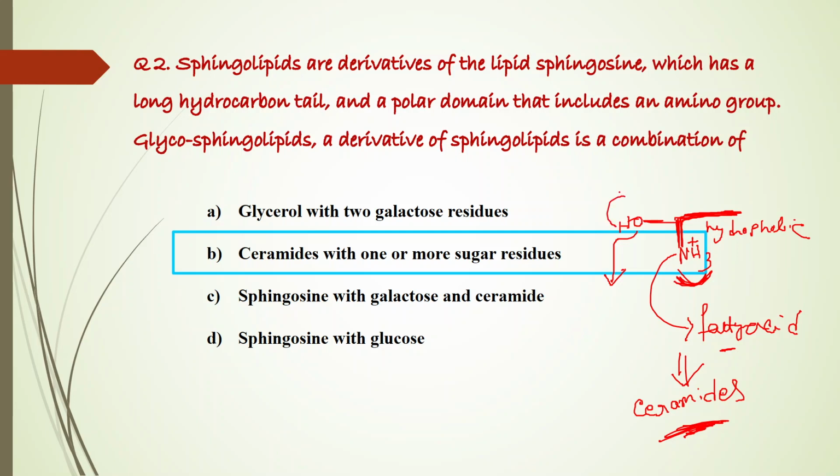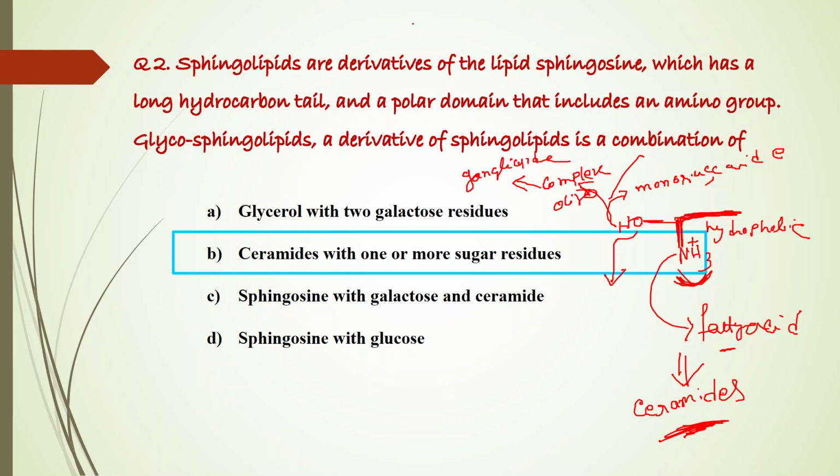If this OH group conjugates with a monosaccharide, we will call them cerebroside, and if they attach with, let me write it down here, a complex or oligosaccharides, then we will call them ganglioside. So this is the question.